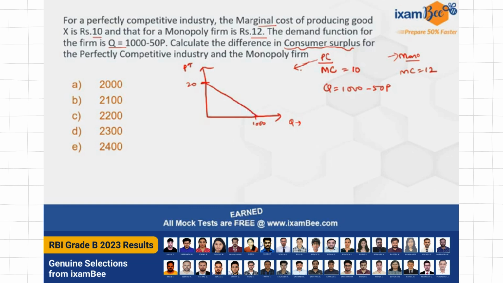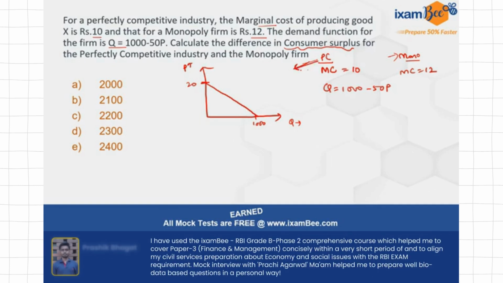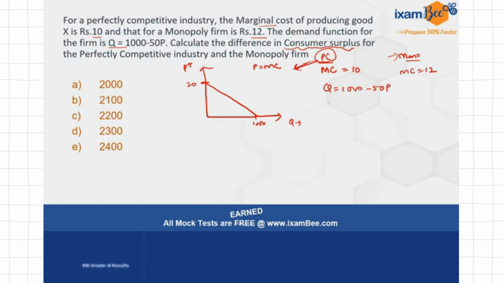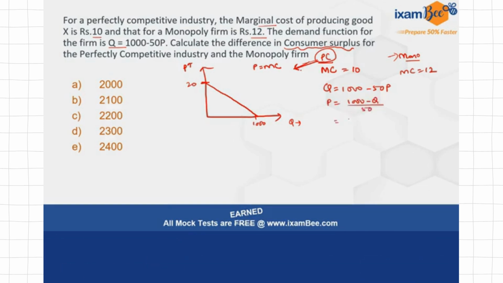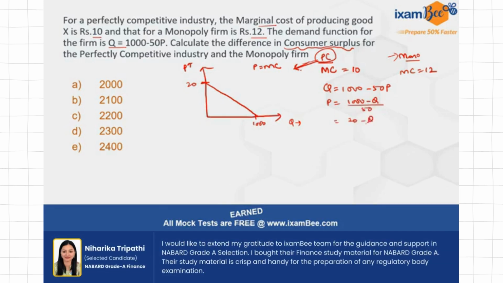Now we know what the profit maximizing condition is in case of a perfectly competitive industry. Its price should be equal to the marginal cost. What is price? I can write this in the form of inverse demand function as (1000 minus Q) divided by 50, which is 20 minus Q by 50.